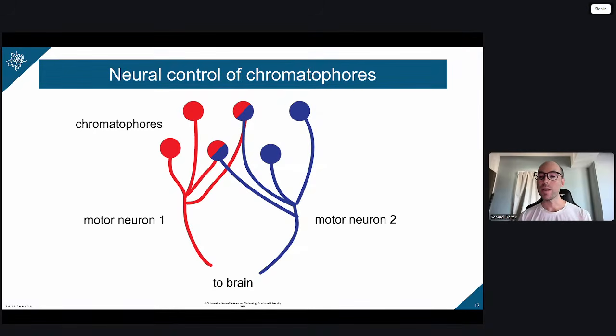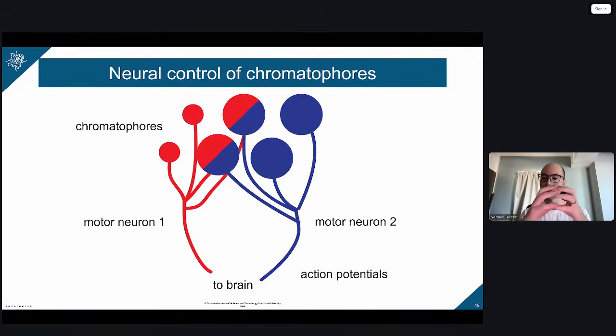And so when the motor neuron fires action potentials, it contracts the muscles surrounding each chromatophore and expands the chromatophore. And when the action potentials stop, the chromatophore contracts back to reveal the white skin underneath the set of chromatophores.